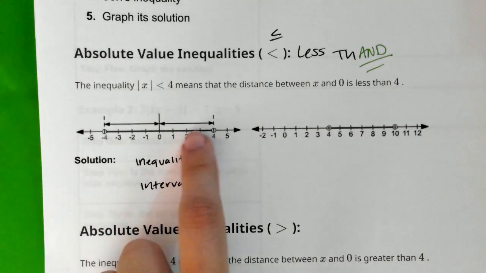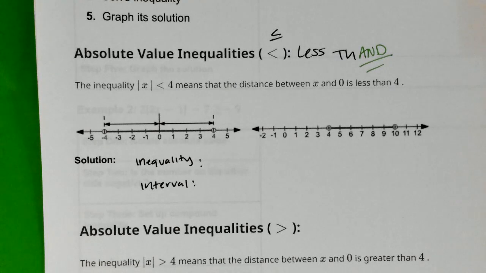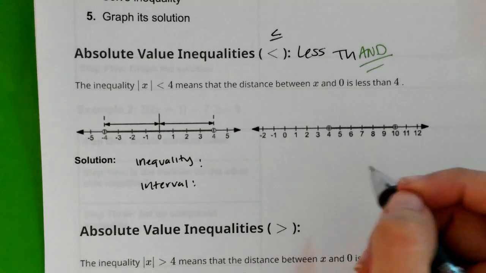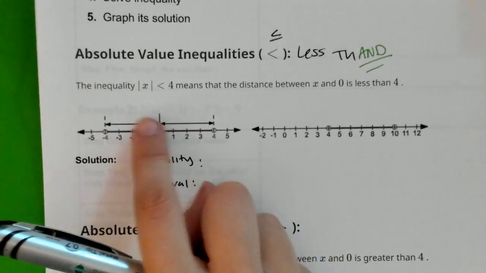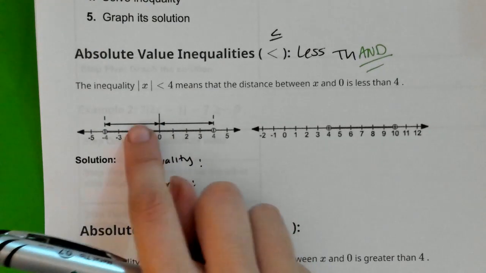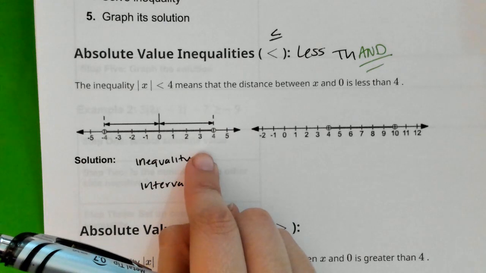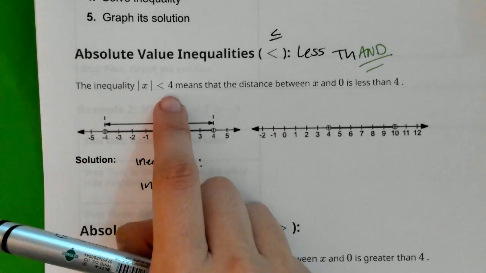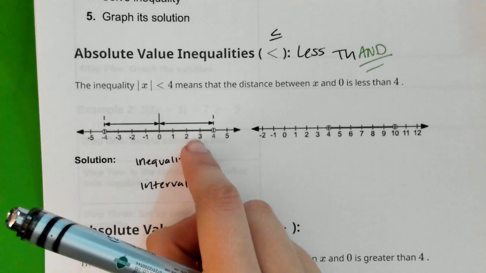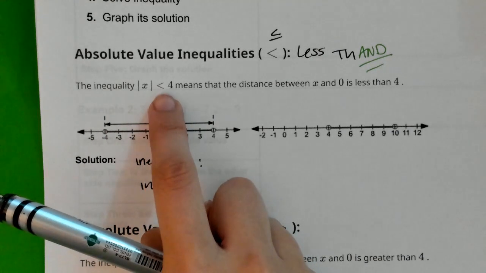Inequality notation means, hey, keep your less than and your greater than symbols. So if it's an and problem, we're going to combine them because it's this and that. Or another way to say it is my x is all values between -4 and 4, which makes sense. -2, the absolute value of -2 is 2. 2 is less than 4. +3, the absolute value of +3 is 3, which is less than 4.